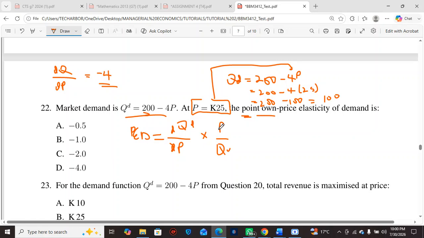So our formula becomes negative 4 times price 25 over quantity 100.